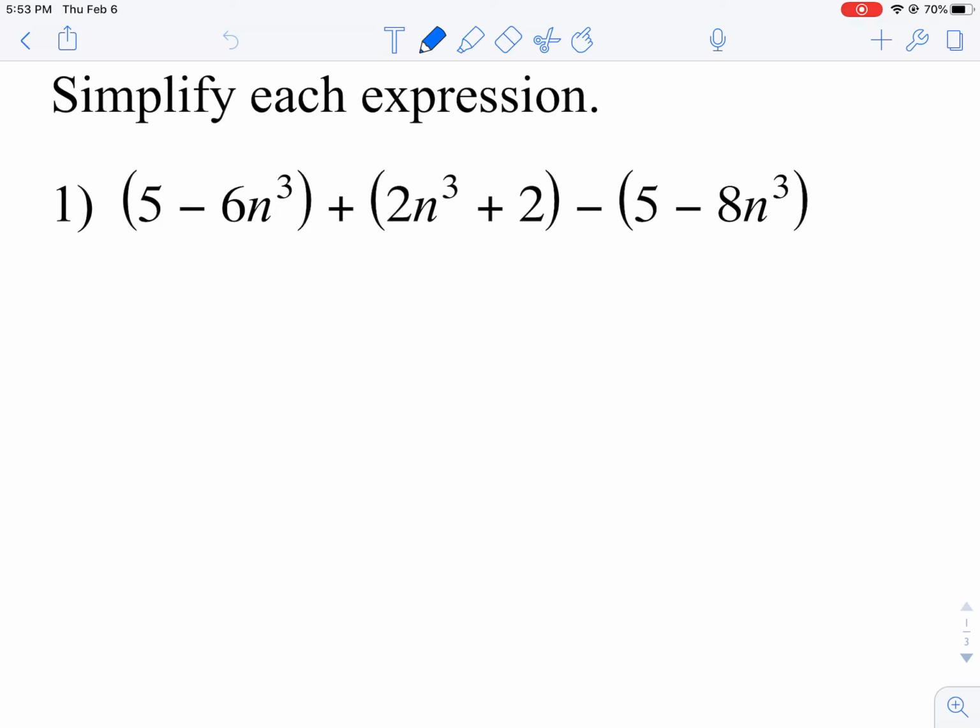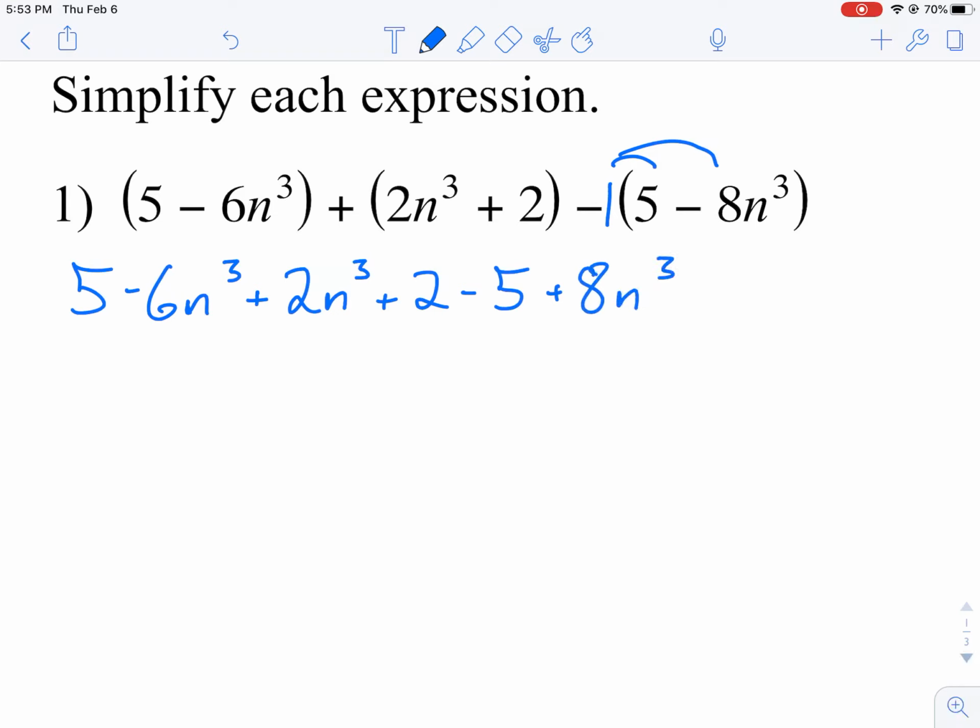Now, before I get started, I do want to distribute this negative inside to turn all of those to their opposite. So I have 5 minus 6n to the third plus 2n to the third plus 2 minus 5, actually, plus 8n to the third. So distribute that negative, rewrite the problem.